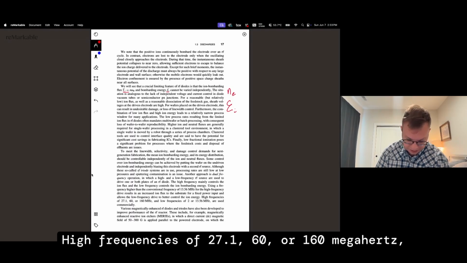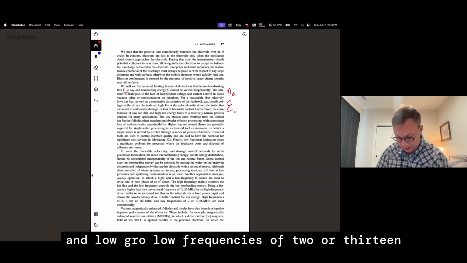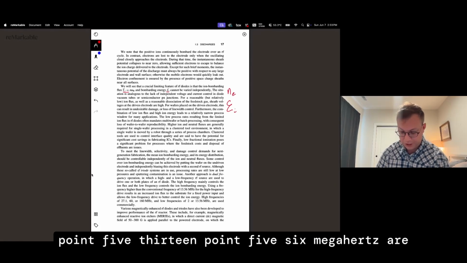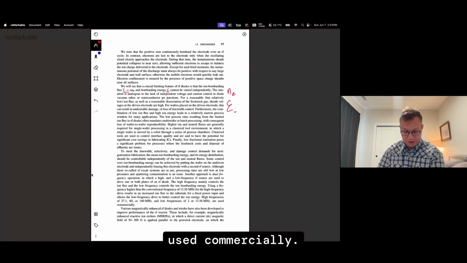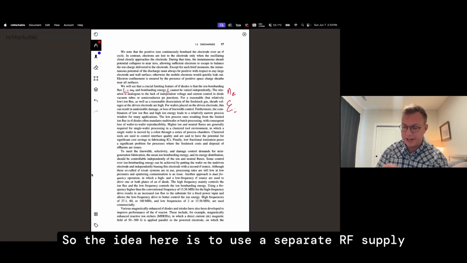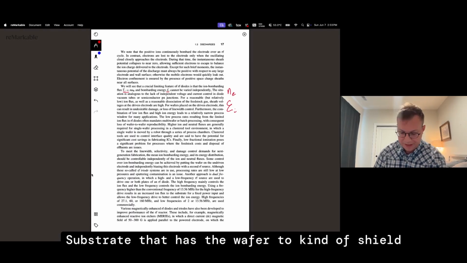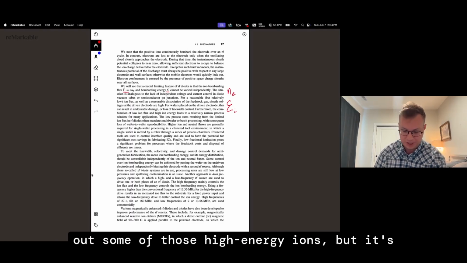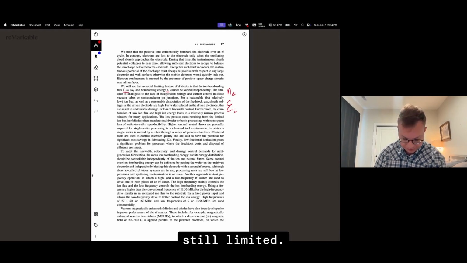High frequencies of 27.1, 60, or 160 MHz and low frequencies of 2 or 13.56 MHz are used commercially. So the idea here is to use a separate RF supply to drive your substrate that has the wafer to shield out some of those high energy ions, but it's still limited.